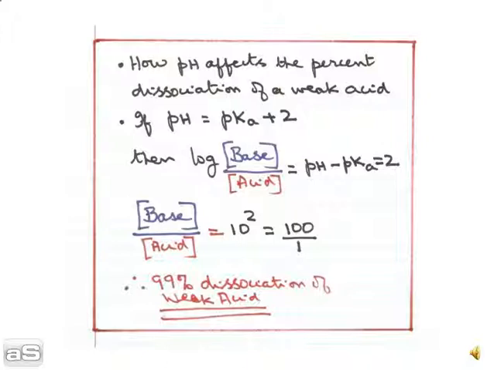So, the base to acid concentration ratio will be 10 to the power of 2, which is equal to 100 divided by 1. So, we can say that this weak acid is 99% dissociated. You can take any other value for the log of base to acid, and correspondingly you will get different values for the dissociation of the weak acid.